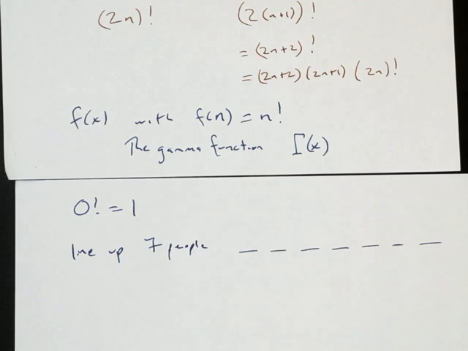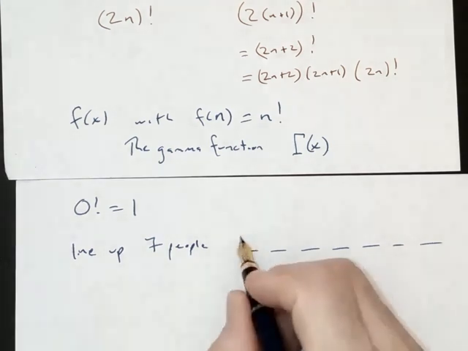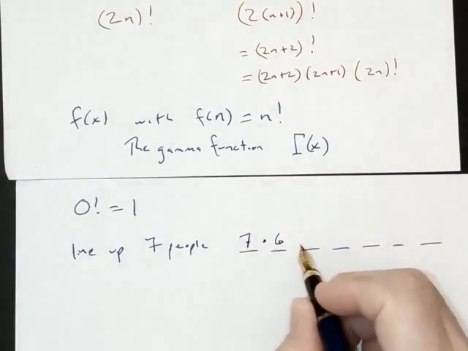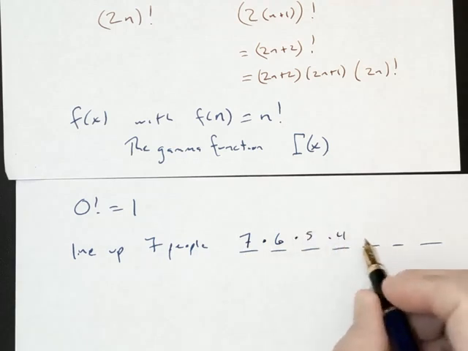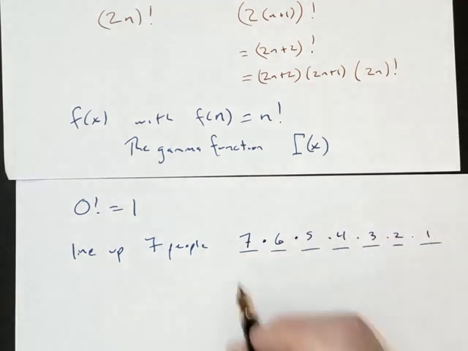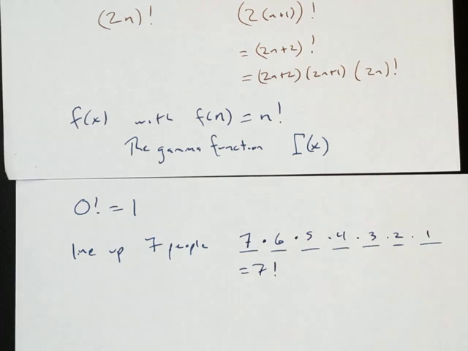How many different ways could I line up the 7 of you? 7 factorial. Because how many choices are there to fill in that first option? There are 7 choices here and 6 choices here because I can't put the same person in 2 spots, and 5 and 4 and 3 and 2 and 1. That's a big number. 5,040, I think.